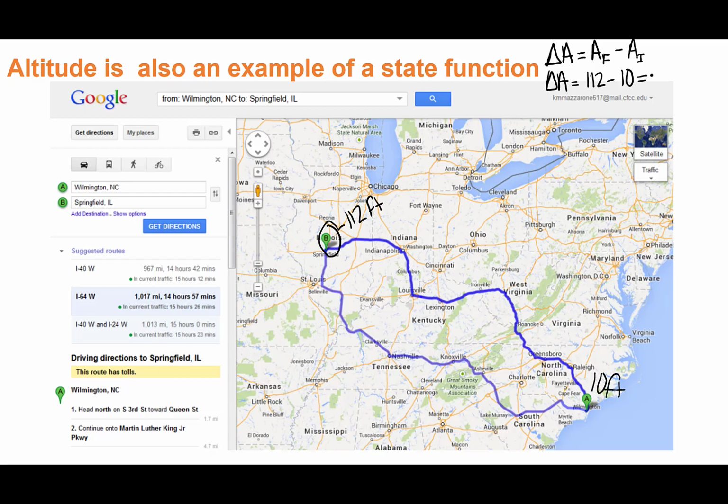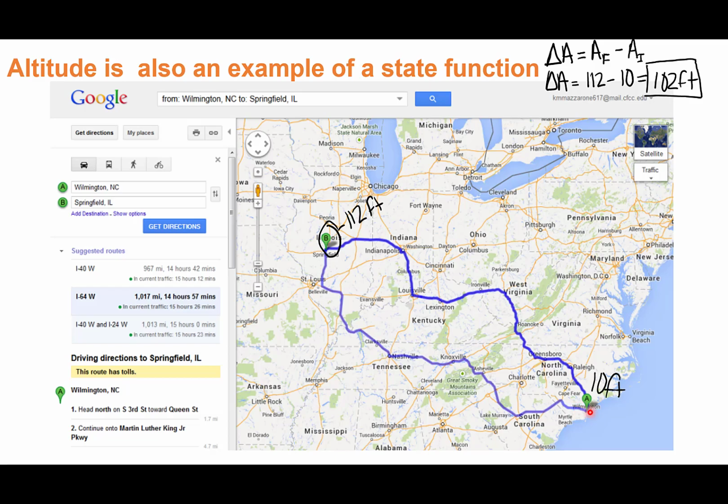So change in altitude is final minus initial: 112 minus 10, so my change in altitude is 102 feet. Okay. If altitude is a state function, all we care about is that change, what happens from point A to point B. To drive this home, it doesn't matter what path I take to get to Springfield, my altitude change is going to be the same.